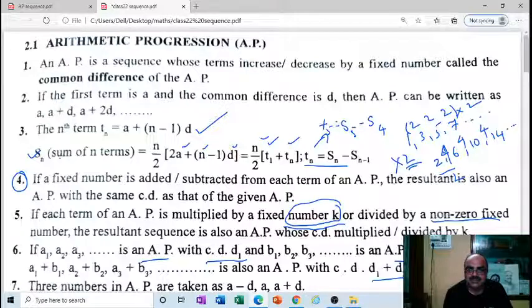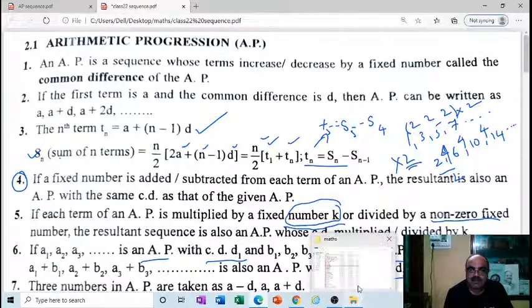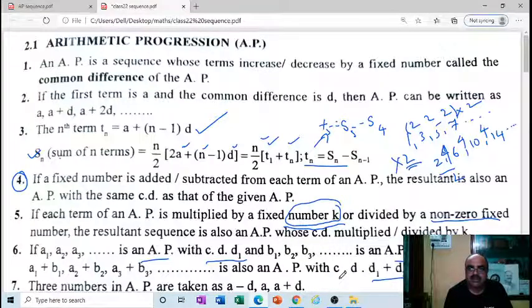I'll show you this. I'll take 1, 2, 3, 4 as one series whose difference is 1, 1, 1. So D1 is equal to 1. Now I have another series 2, 6, 10, 14 whose common difference is 4. Now the new series is what?